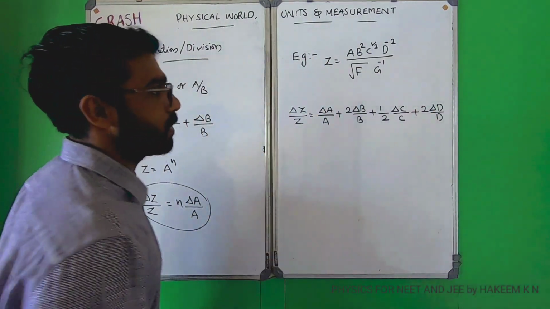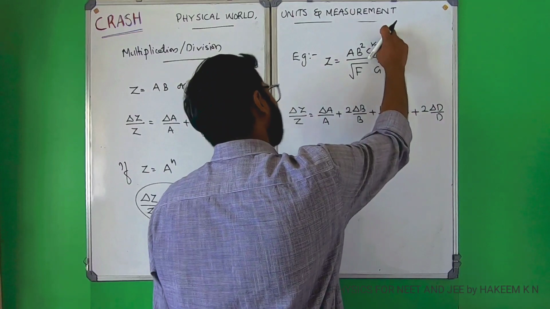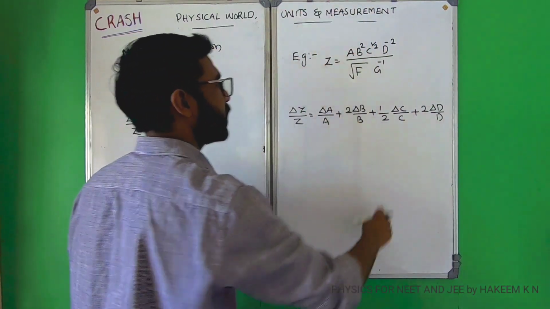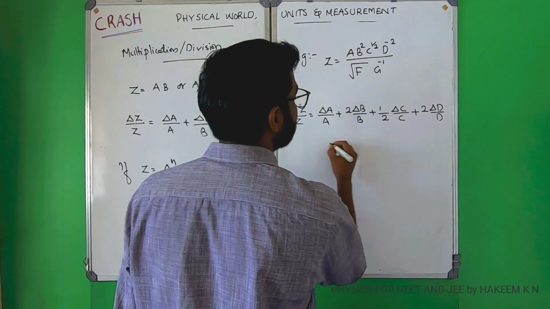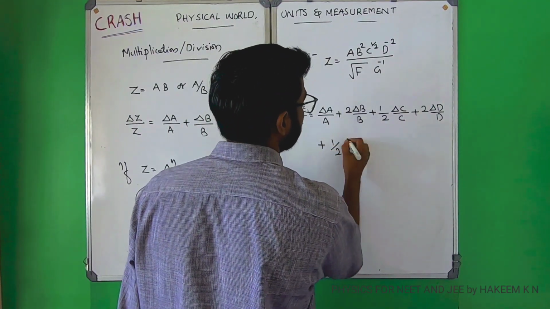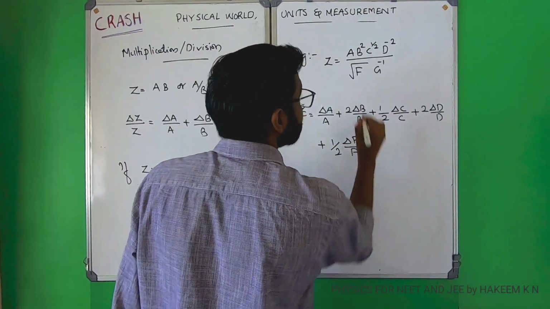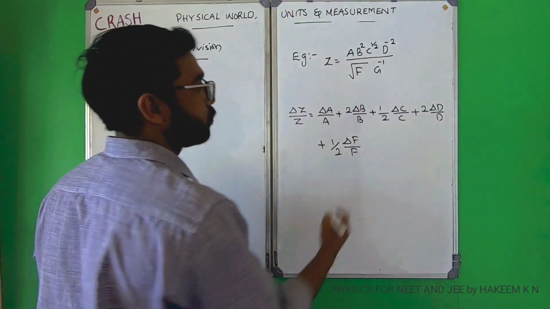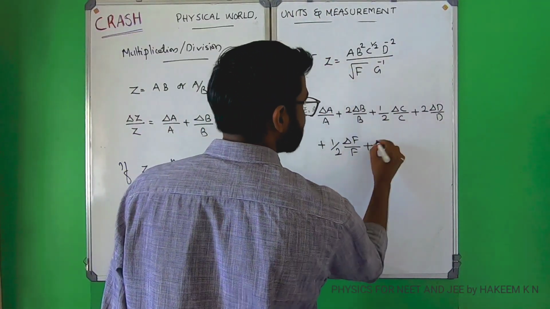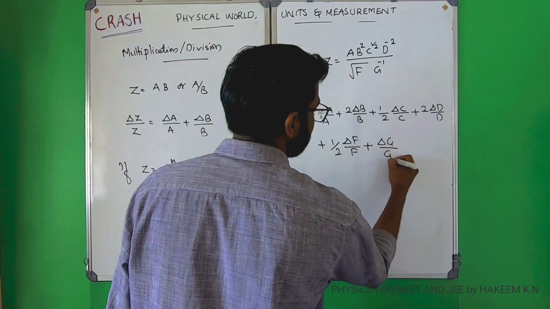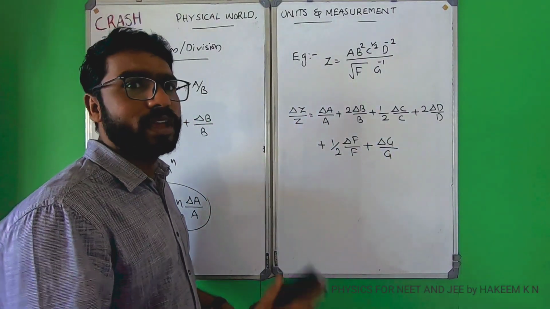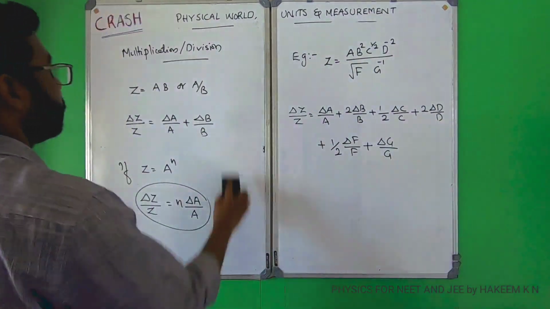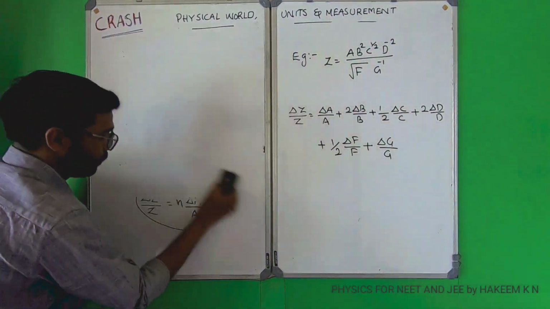Okay, not subtracted. So here power is minus 2, no need of thinking about the negative sign, plus 2 into relative error in D, delta D by D, plus half into delta F by F, because root F means F power 1 by 2, plus here also plus delta G by G. Errors are always added. Now we can go into a problem, a numerical question.